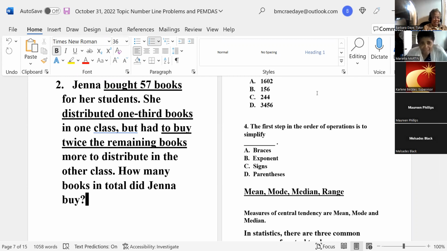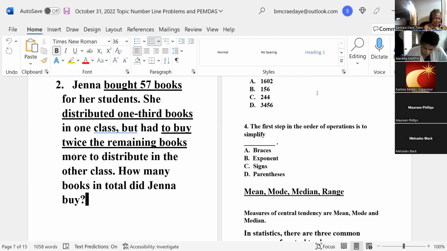Okay, Mercedes, how you doing? 95, Miss. 95? Don't think so. Hold on. You can't add. How many books in total did she buy? That means when I finish with the 1/3, I have to add 57 to it, right?